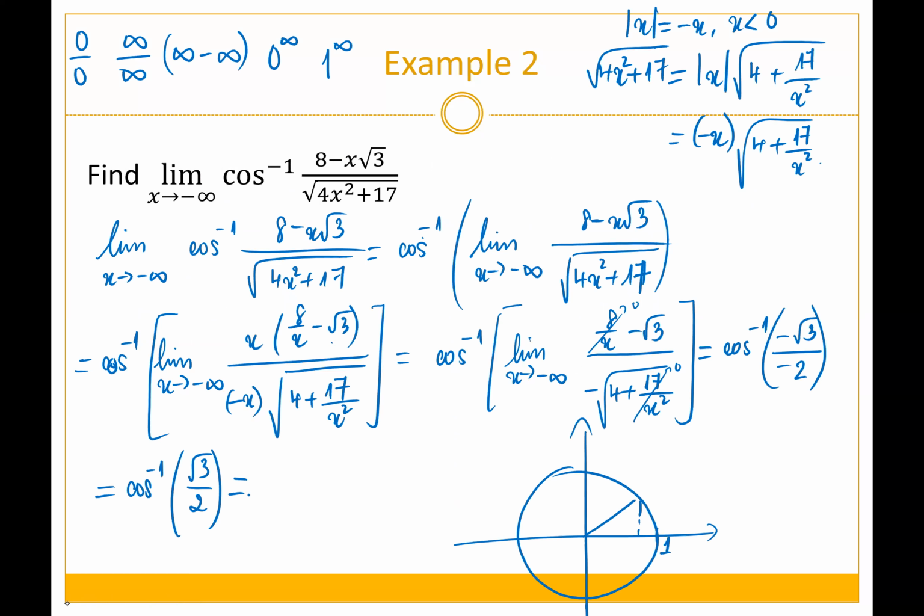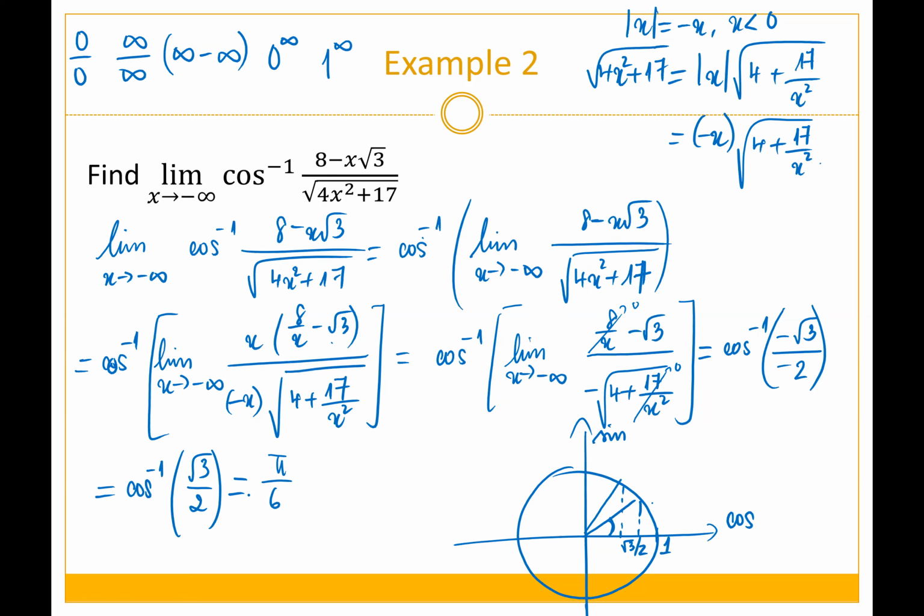Oh God, what's wrong with this technology thing? So this is the cosine axis and this is the sine axis. So this is the angle. So that ends up giving us pi over 6. If it's half, it's going to be up here, which is going to be pi over 3. But it's square root of 3 over 2.